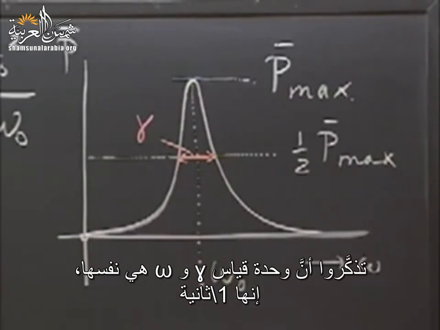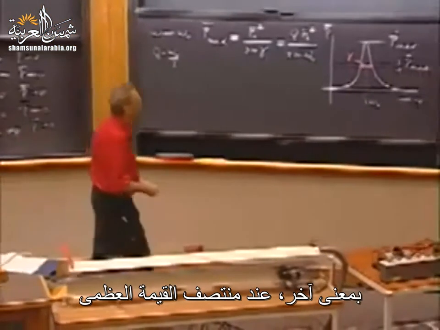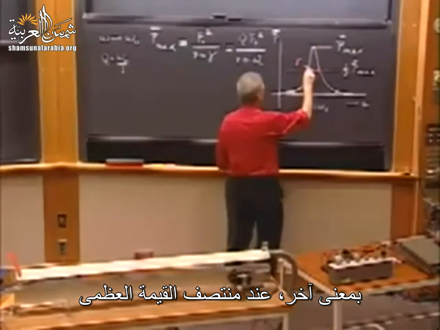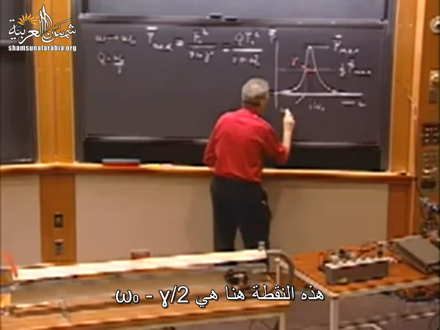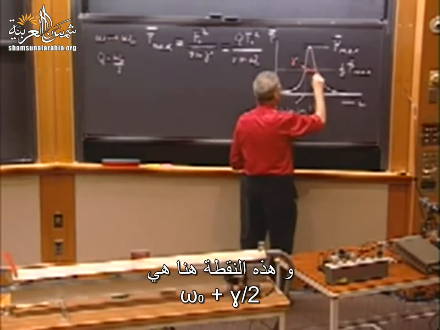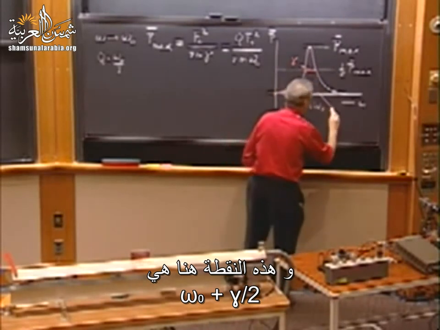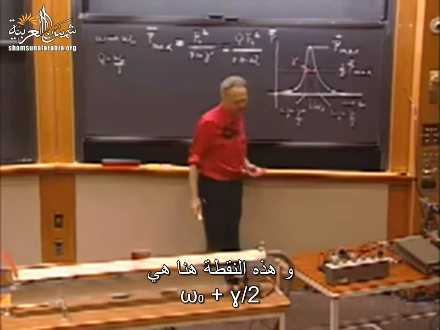Remember, gamma and omega have the same units, 1 divided by second. In other words, if you go to half maximum, this point here is omega 0 minus gamma over 2, and this point here is omega 0 plus gamma over 2.